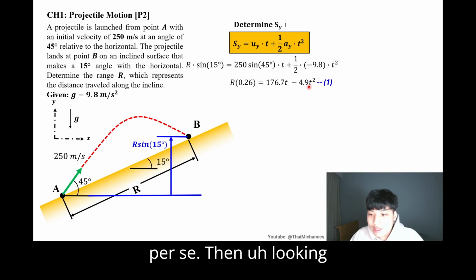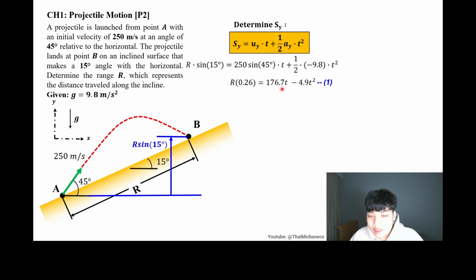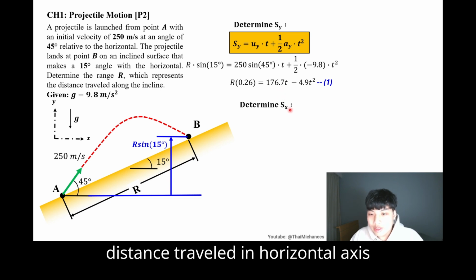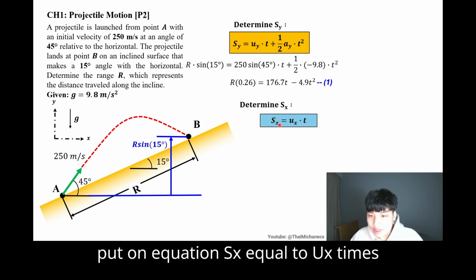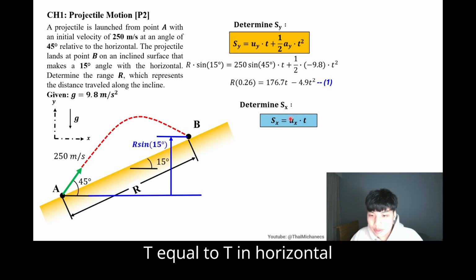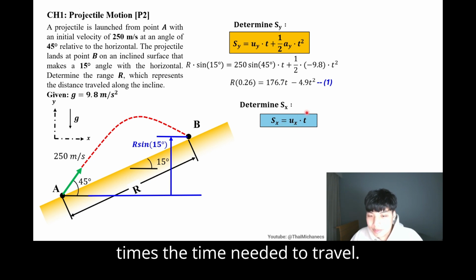Then looking at another thing that we may know, the distance traveled on the horizontal axis, or sx as usual. So we put on the equation sx equals ux times t, which is the horizontal velocity times the time needed to travel.